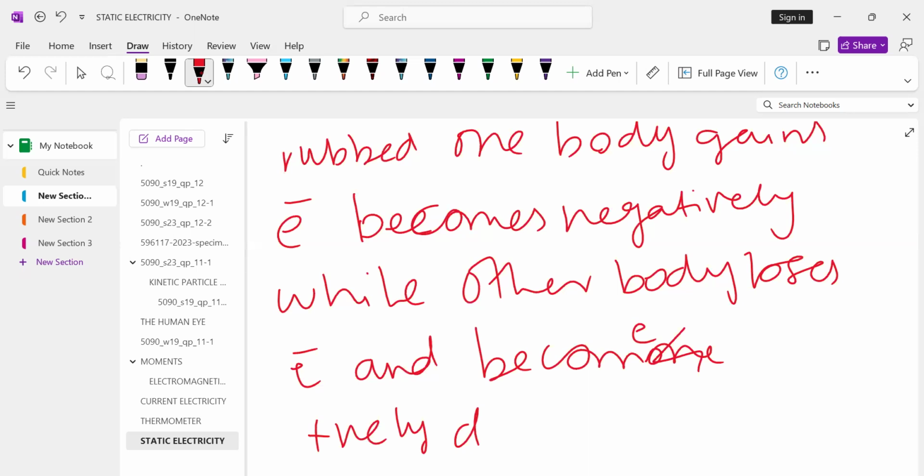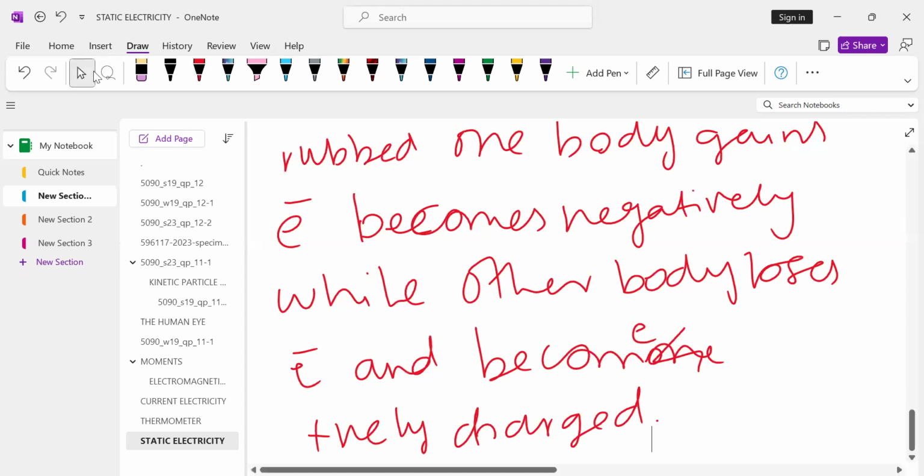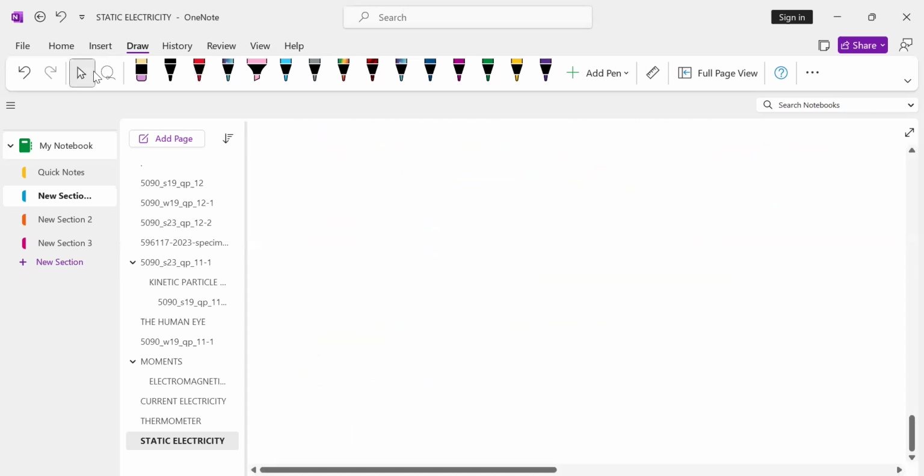I've written it in short form. Okay. So insulators are charged by rubbing, or friction. When the two bodies are rubbed, one gains electron and becomes negatively charged, while the other loses electron and becomes positively charged. So here is an example to explain this.